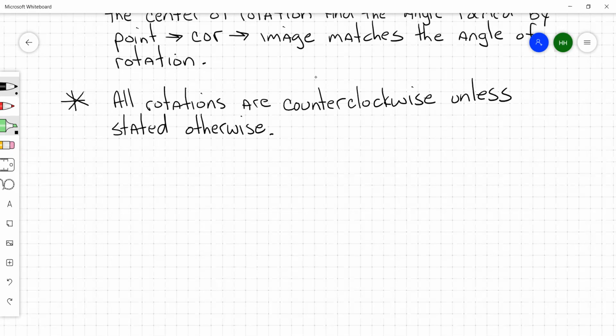Here's what all that means, in its most basic terms. If you're asked to rotate B around A 90 degrees, rotate B around A 90 degrees.